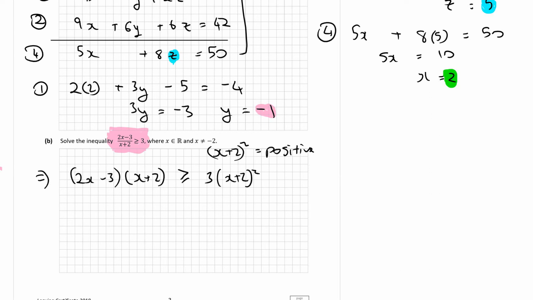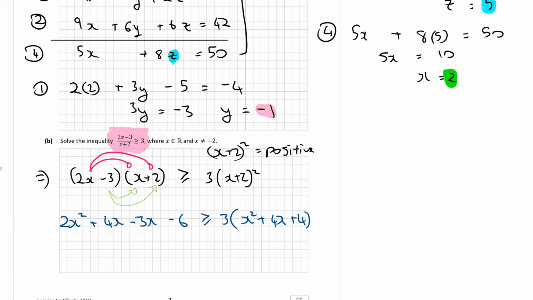Okay, so I expand my brackets here. When we're expanding brackets, first by first, first by second, second by first, second by second. Okay, just as a recap. So 2x by x is 2x squared. 2x by 2 is plus 4x, minus 3x minus 6, greater than or equal to 3 times x plus 2 squared, which is x squared plus 4x plus 4.